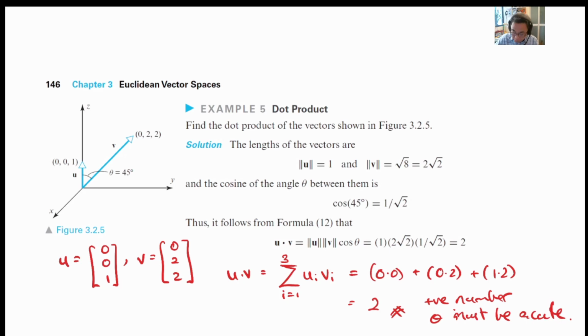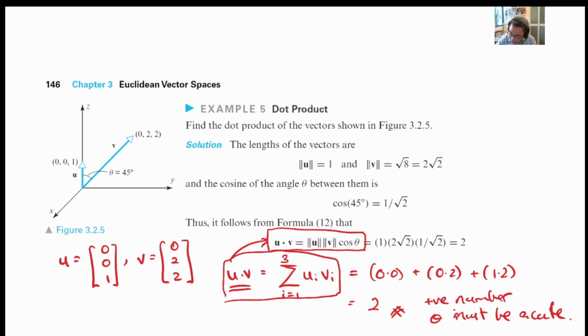Right, we'll now redo the problem of u dot v using the other formula. The other formula is the definition of u dot v. We want to convince ourselves that both formulas will work. So let us begin.